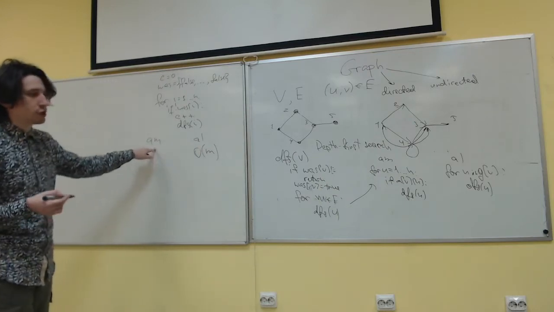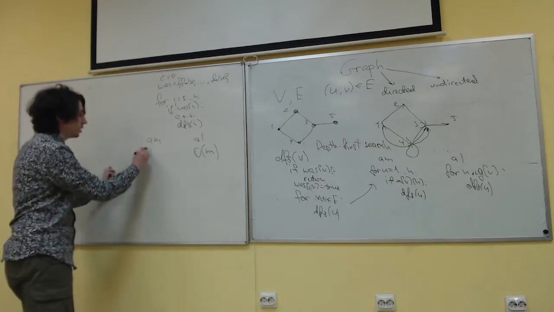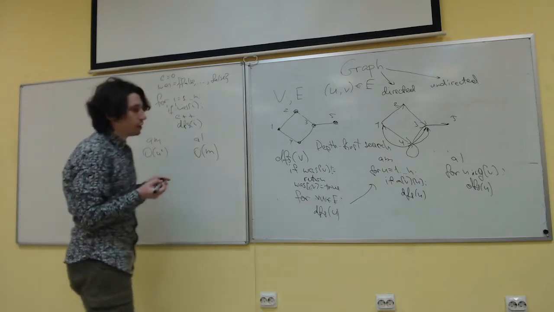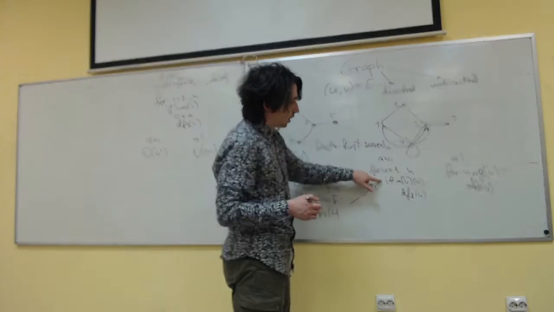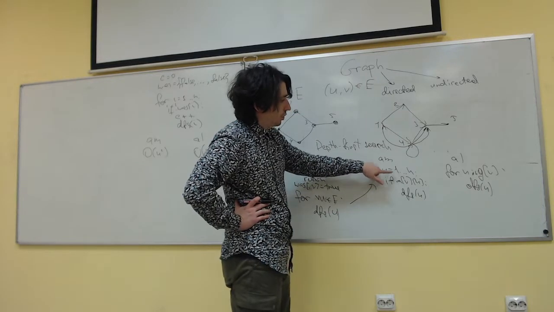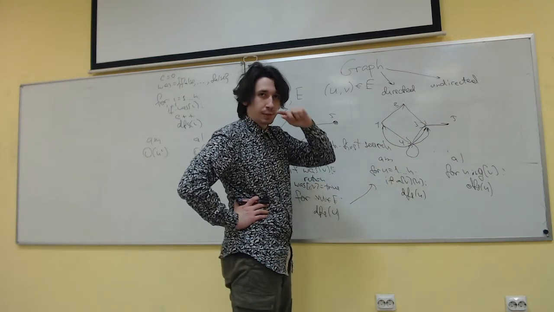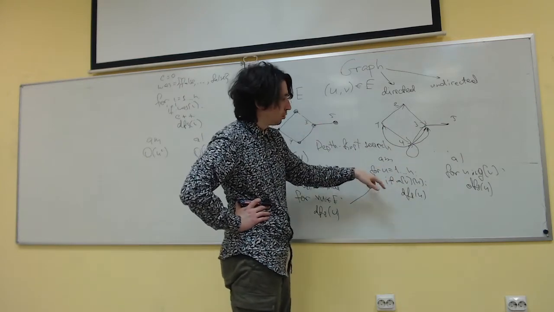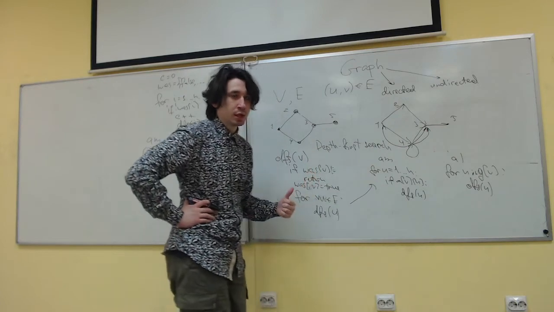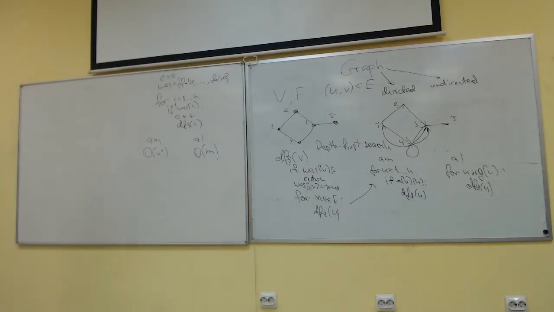And in the case of adjacency matrix, it would be n squared? Yeah, it will be n squared, because for each vertex we iterate n times to get all the outgoing edges. That is why you have n squared. Okay, good.